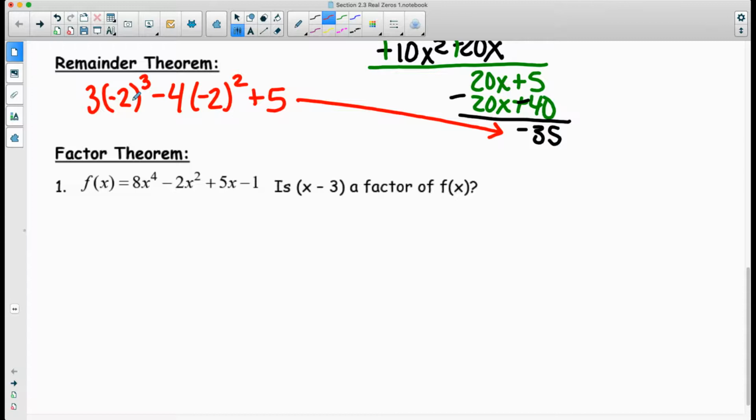Either way, I need you to tell me if this is a factor or not. You're going to use either synthetic division or the remainder theorem, and if you get 0, it's a factor. Go ahead and pick your poison. If you want to do the remainder theorem, if it's 0, it's a factor, or the synthetic division. Do it.